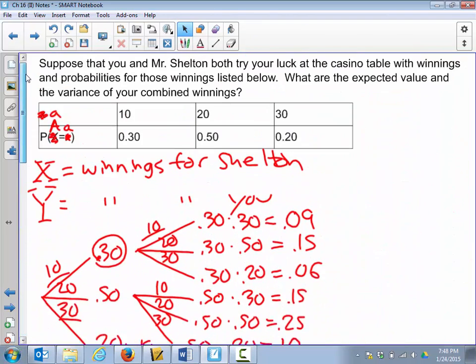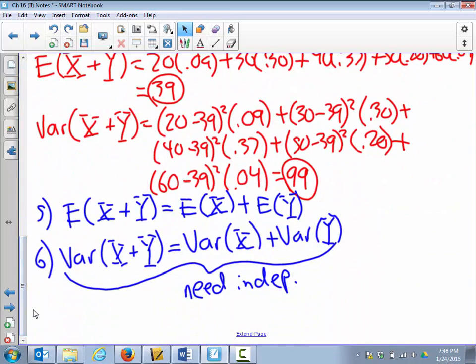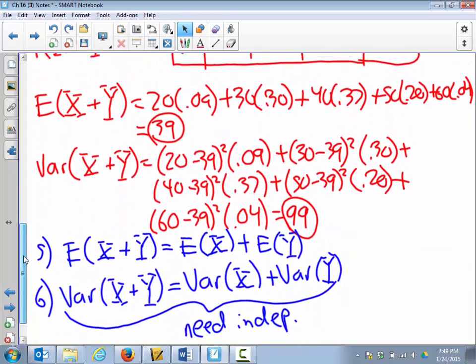You need independence for this to work. I started the problem by asking if it was fair to assume that our winnings would be independent if we would be sitting at different tables. And that's how we proceeded to demonstrate that the variance of these combined variables should be the combination of the individual variances, the 6th idea.